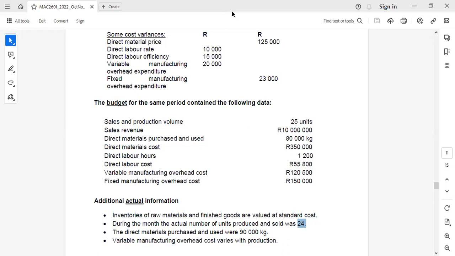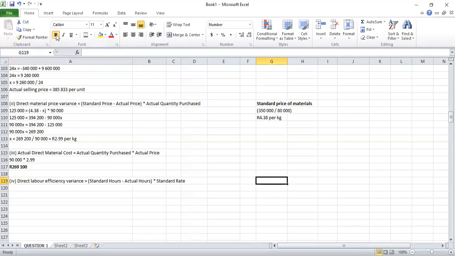First let's find our standard hours per unit.